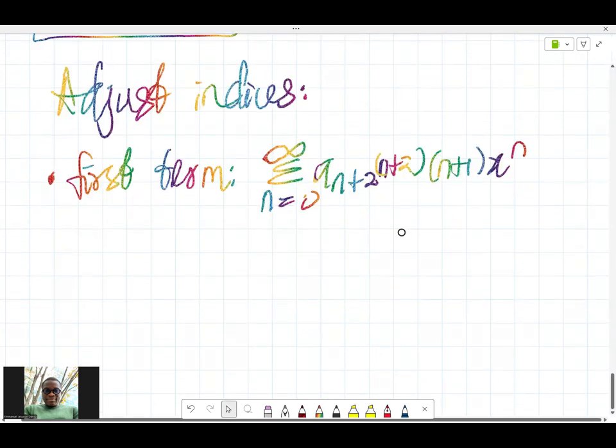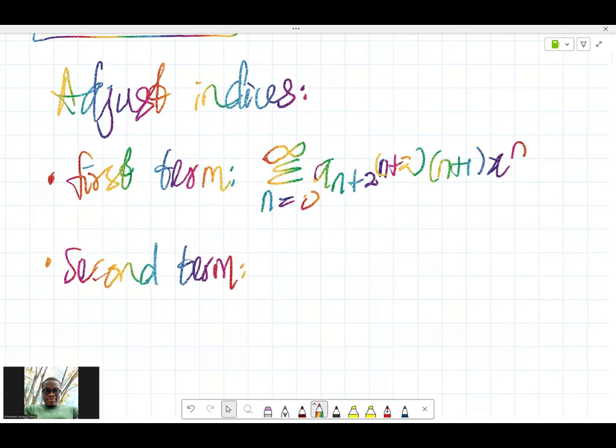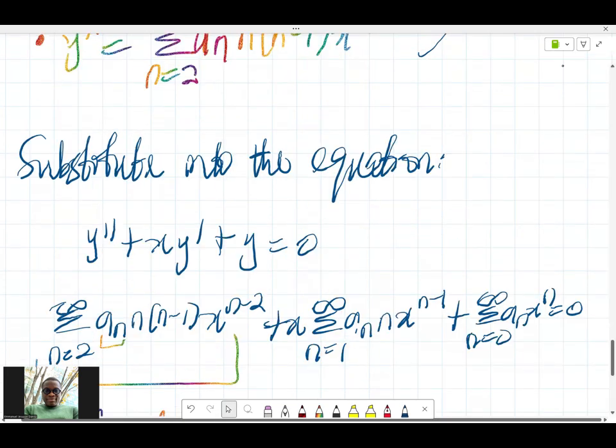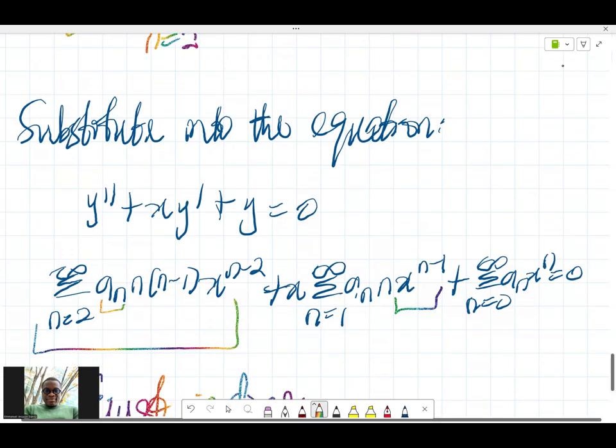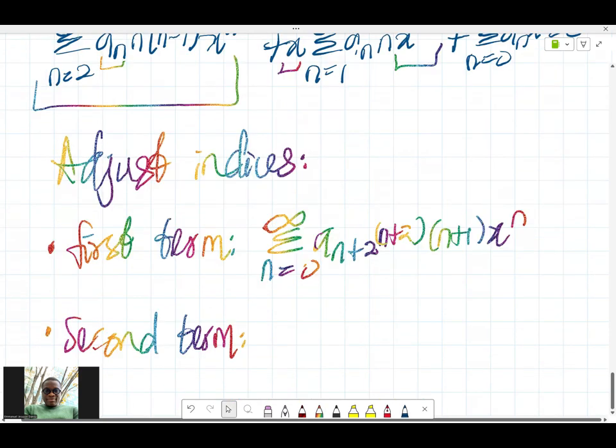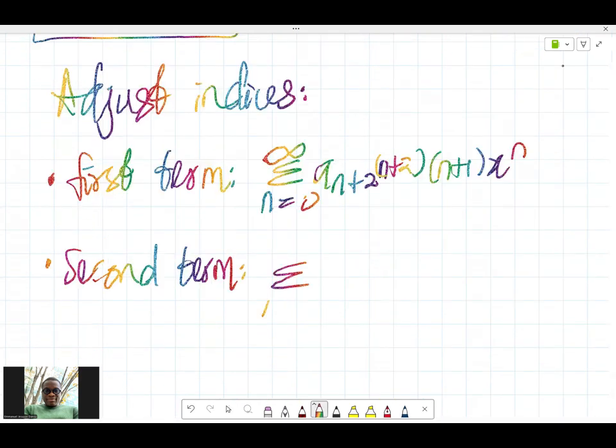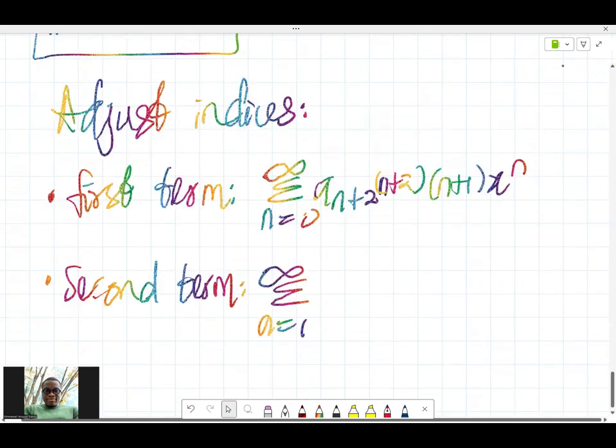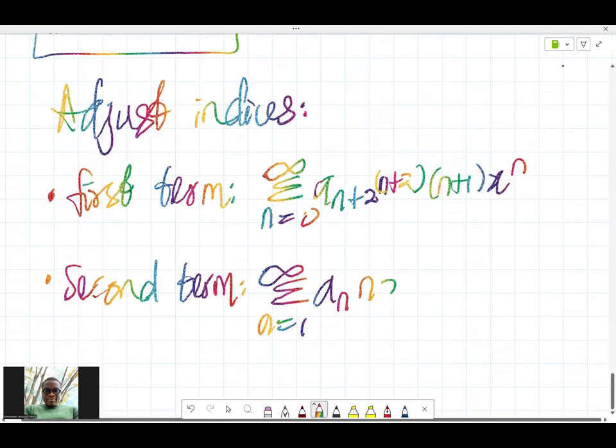And then we go for the second term. Now, for the second term, we need this place to be x raised power n. Interestingly, we have an x out here. So if you multiply x by that, it automatically adjusts that. So we don't have to touch any other thing. In that case, we have summation still from n equals 1 to infinity of n a n x raised power n.